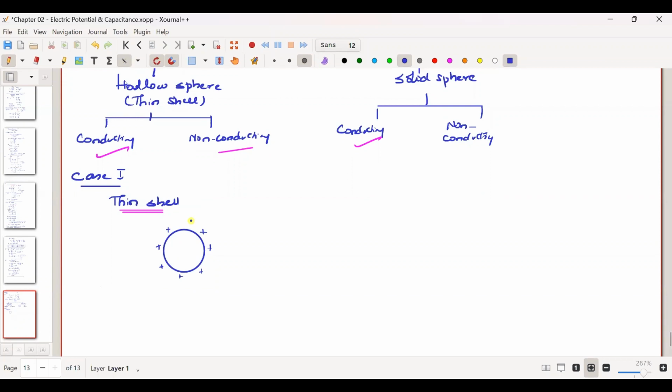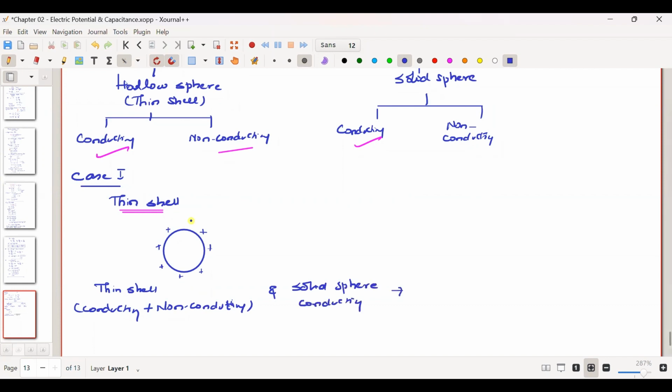So whether it is a conducting or non-conducting thin shell or a conducting sphere, in this case, let me write this again. Thin shell, conducting plus non-conducting, and solid sphere conducting.